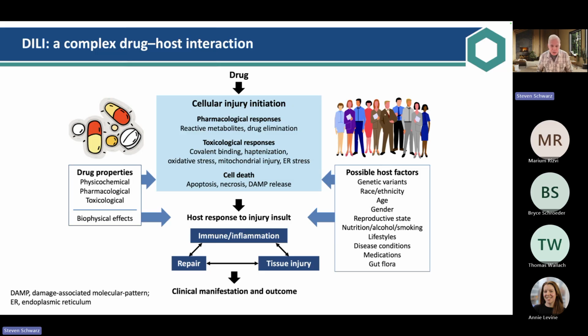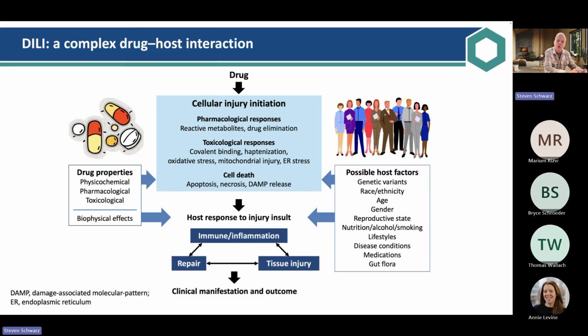But it's a good question, and this brings us to the reasons why someone develops drug-induced liver injury, and it reflects a very complex drug-host interaction. The drug, now, how does the drug cause injury? Does it cause direct injury? Is it a metabolite that causes injury?